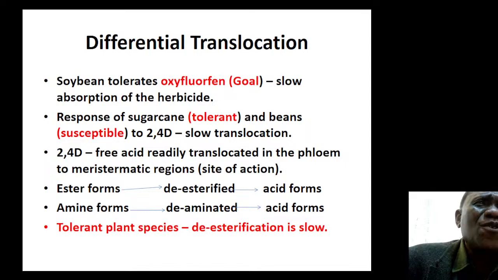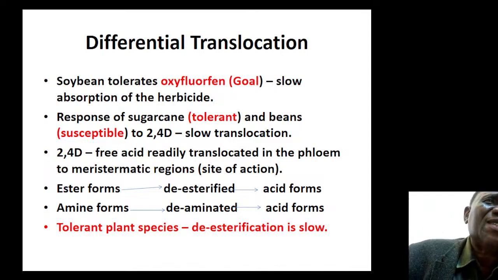From amine form to acid forms, it's deamination. So tolerant plant species have processes of conversion which are very slow, deesterification or deamination.